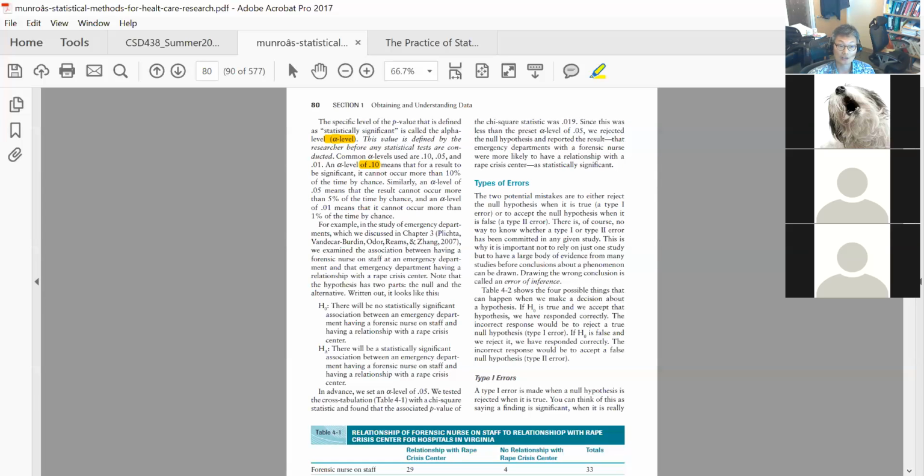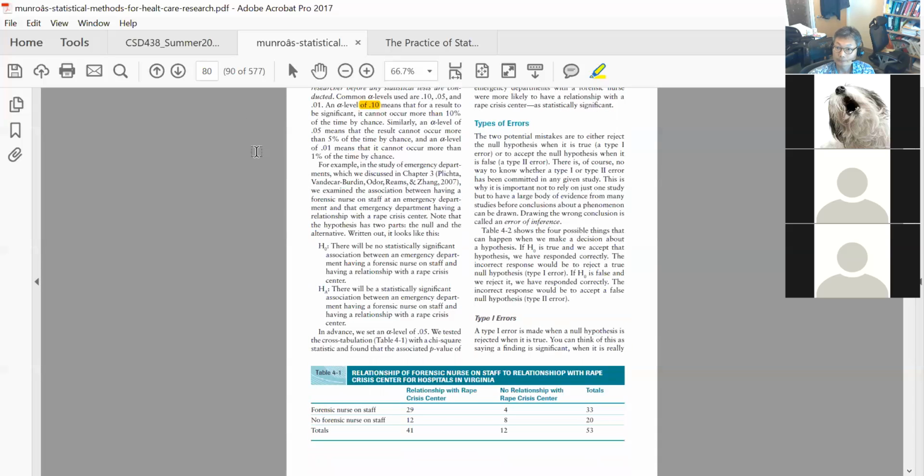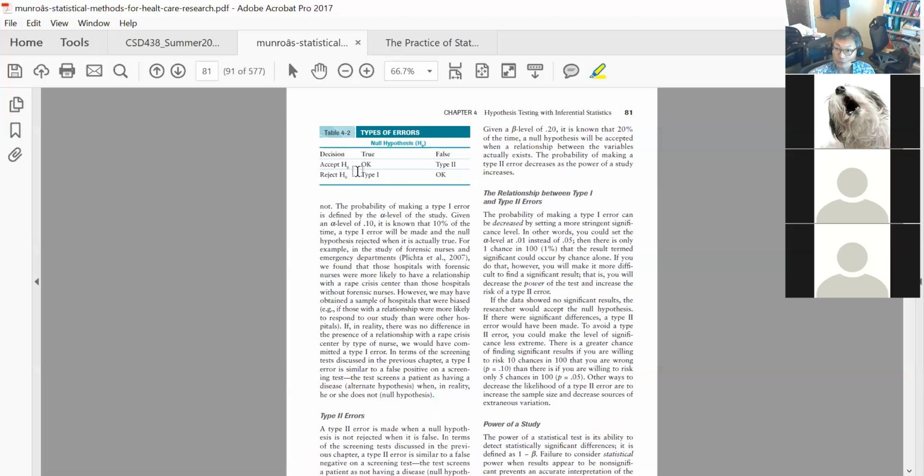The alpha level is talking about whether something is statistically significant or not, and types of errors also. So make sure about type 1 and type 2 errors, and make sure about this table. In this table, the null hypothesis is true or false, and your decision is to accept the null hypothesis or reject the null hypothesis.